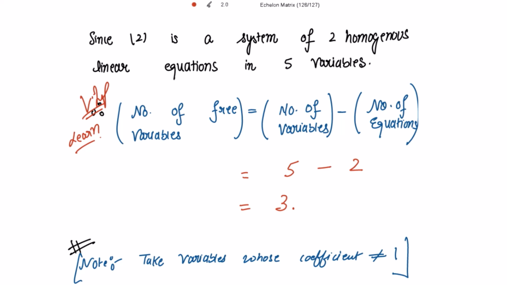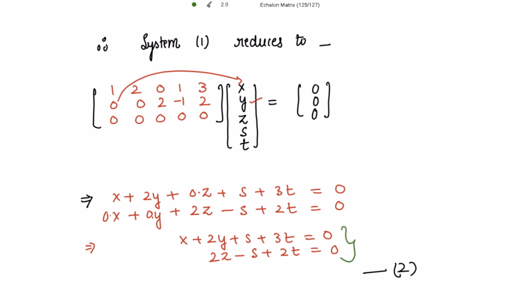Now how to select which variables are the free variables? Always select those variables as the free variables whose coefficient is not equal to 1. In these two equations, the variables whose coefficient is not equal to 1 are y, z and t. So we choose these three variables, y, z and t, to be the free variables.